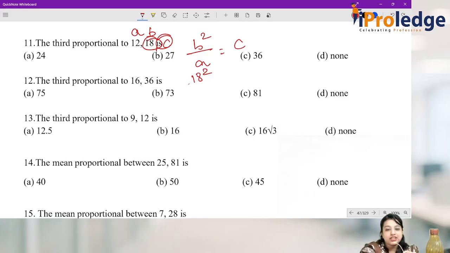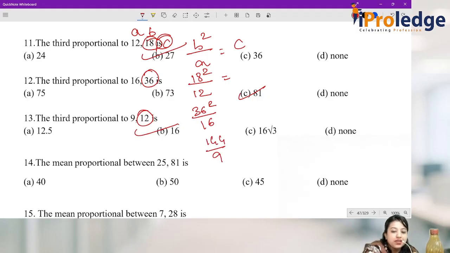It will be 18 square divided by 12, which is equal to 27. Again, third proportion, square 36 divided by 16, which is equal to 81. Again, third proportion, square 12.